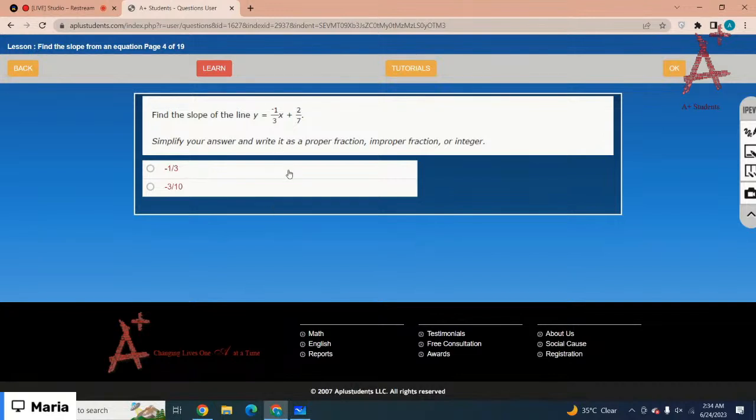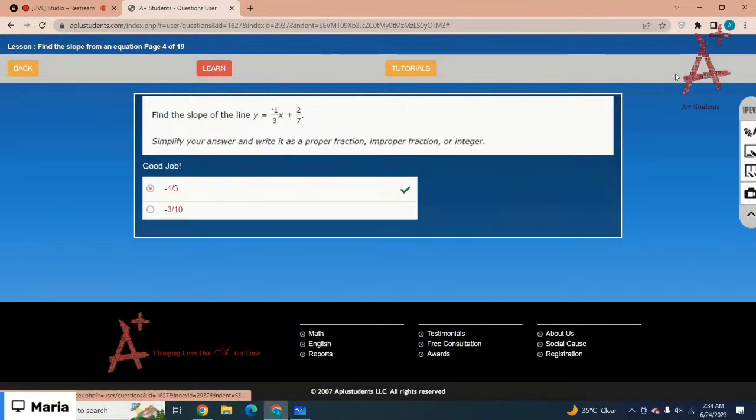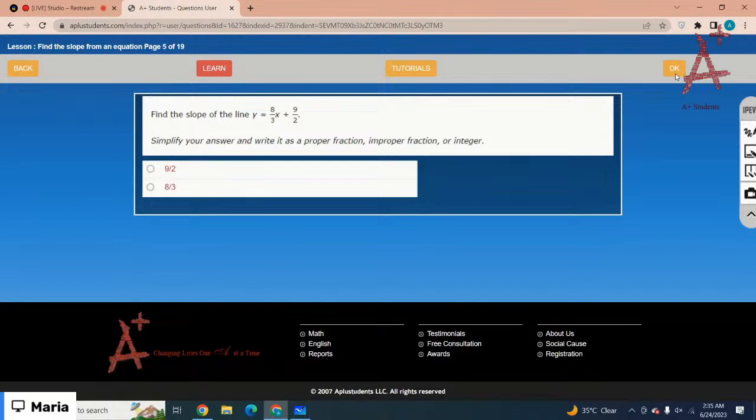Option number 1 is the correct option. Okay, find the slope of the line y equals 8 over 3x plus 9 over 2. The slope of the line is 8 over 3. Correct option is 8 over 3.